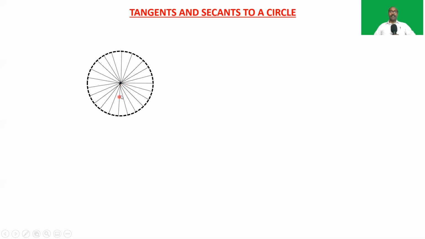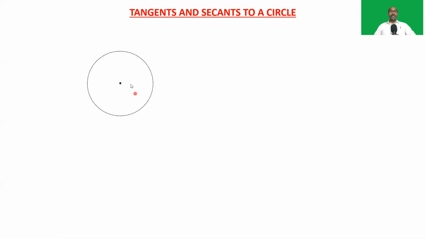Okay, so in other terms, we can define the circle as the path of a point which moves such that its distance from a fixed point is always constant. So here the fixed point is said to be the center of the circle, and the fixed distance is said to be the radius of the circle.